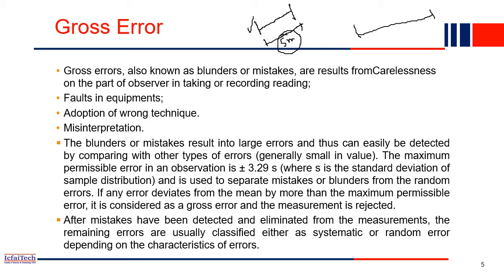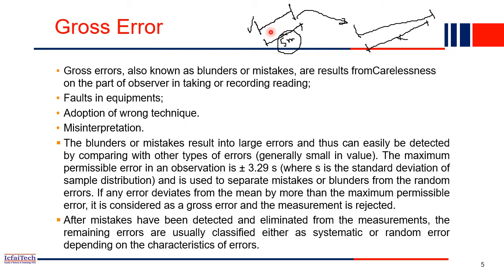If when this tape was manufactured in the industry, the length of the tape was not exactly 5 meters, maybe it is 5.01 meters, then there is a fault in the instrument itself.